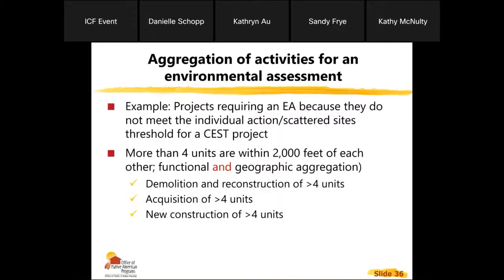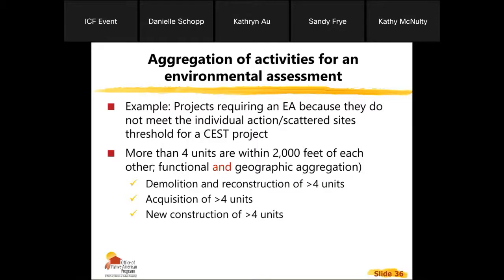For example, maybe you have more than 4 units within 2,000 feet of each other, and so you have to think about functional and geographic aggregation. For example, demolition and reconstruction of more than 4 units in one area, acquisition of more than 4 units in one area, or new construction of more than 4 units in one area.